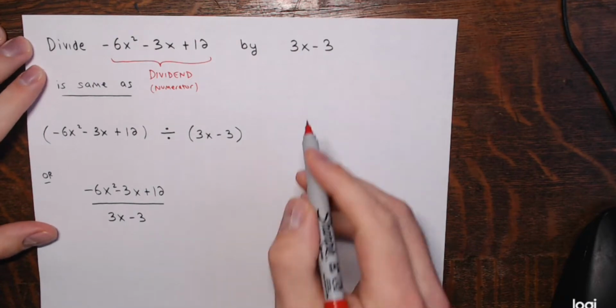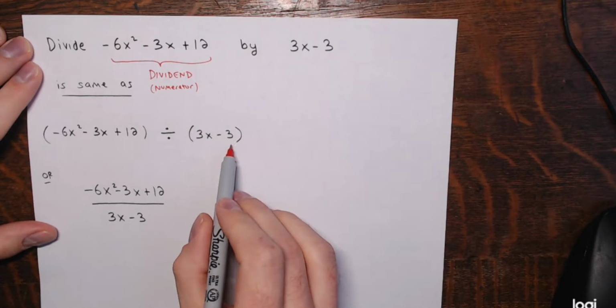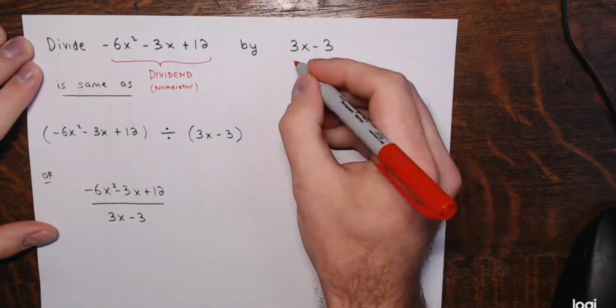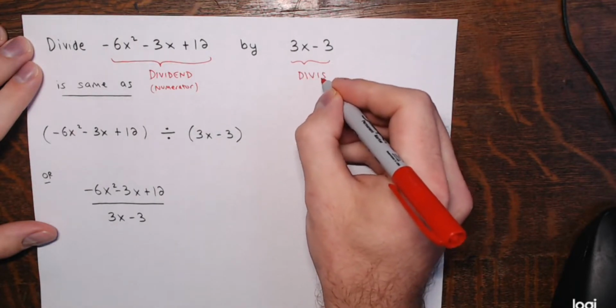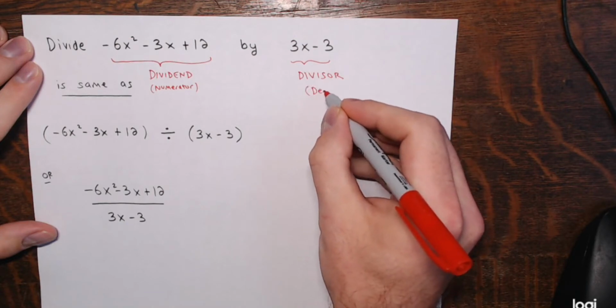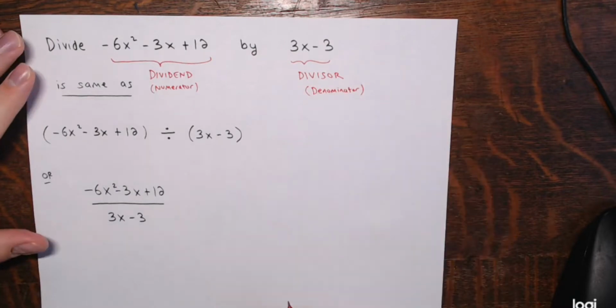And then the polynomial you're dividing by, or this second polynomial in the division problem, or the denominator, this is called the divisor. And again, it's also the denominator if you were writing the division problem as a fraction.